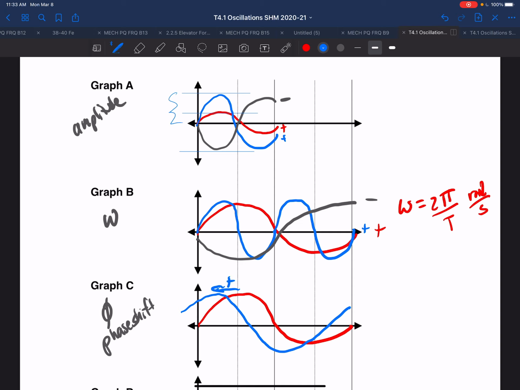A positive is a shift to the left. And a negative is a shift to the right.